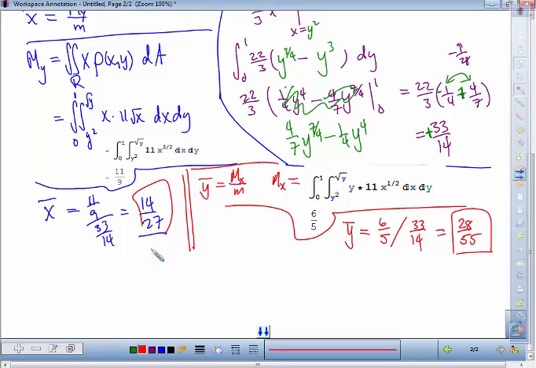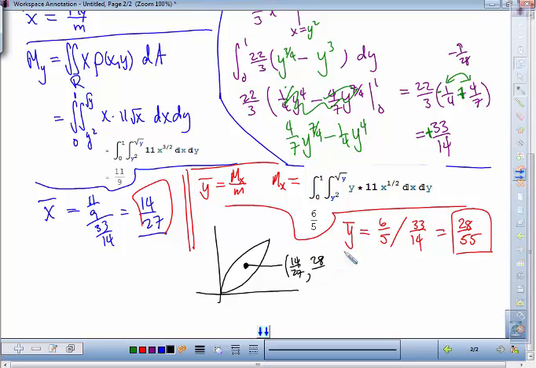So if you were to take a look at that plate, 28 over 55 and wherever that is, and 14 over 27 wherever that is, if you just punch it in your calculator, you're going to get a decimal approximation that would give you a clear idea. 14 over 27 comma 28 over 55.